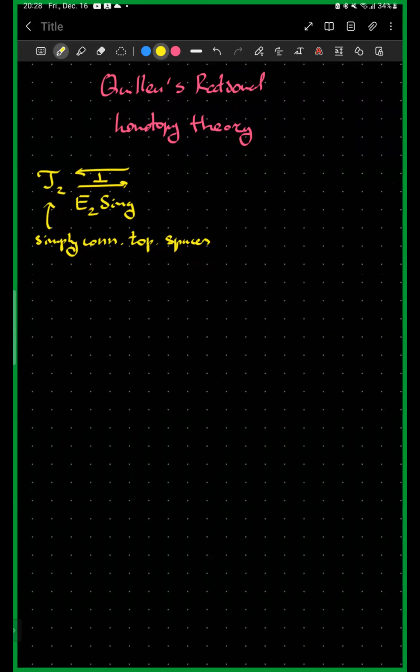Of course, we're considering pointed topological spaces and pointed simplicial sets. So faces in dimension 0 and 1 should be just this designated point.